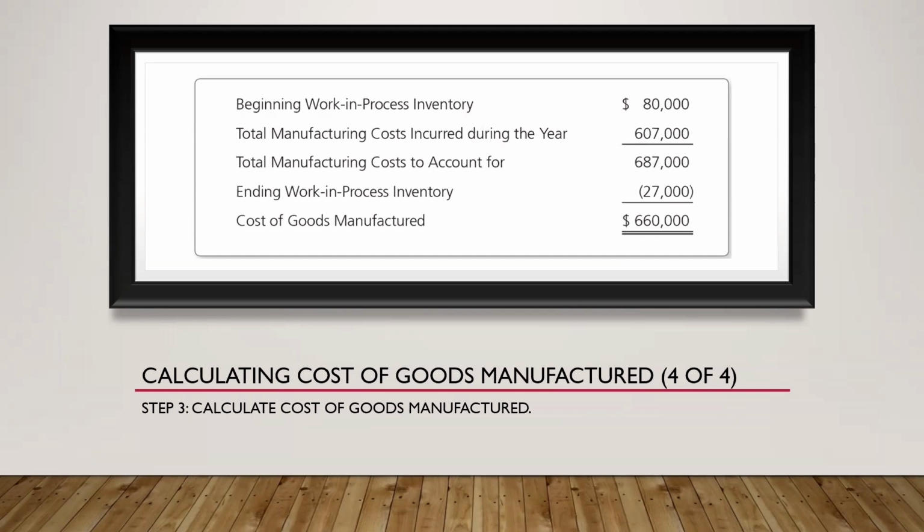Smart Touch Learning calculates cost of goods manufactured by adding the total manufacturing cost incurred during the year to the beginning work in process inventory to determine the total manufacturing cost to account for.